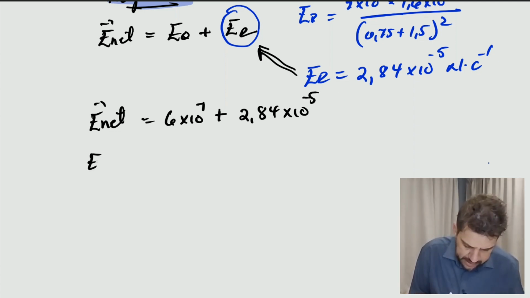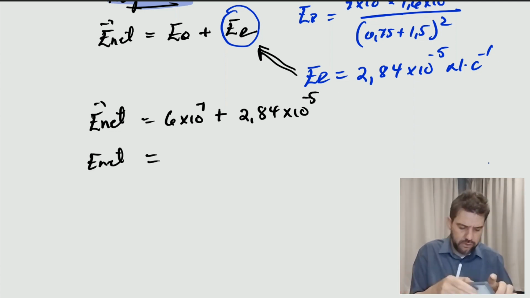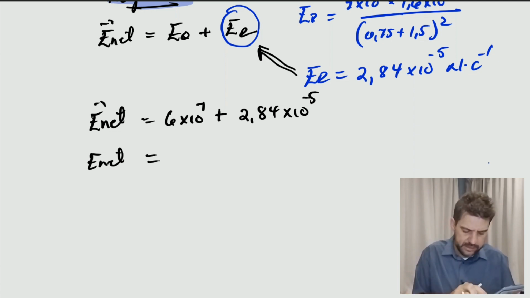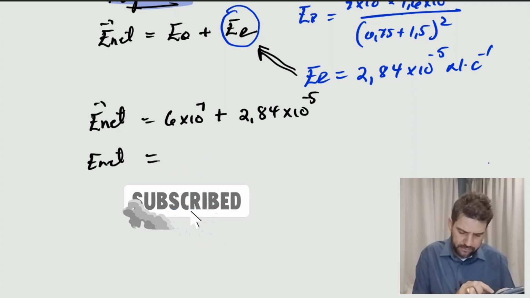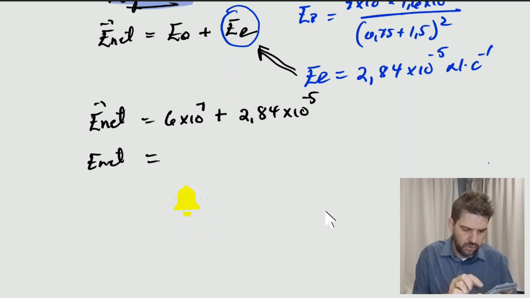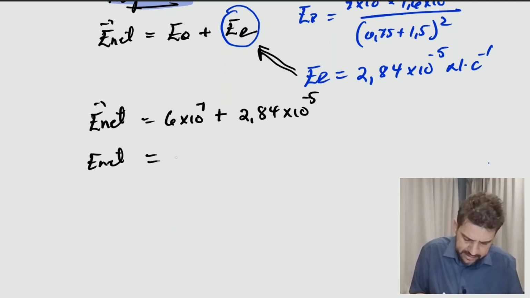Then E net is going to be equal to 6 times 10 to the 7 plus 2,84 times 10 to the minus 5. And then, guys, the answer is 6 times 10 to the 7 Newton per coulomb.